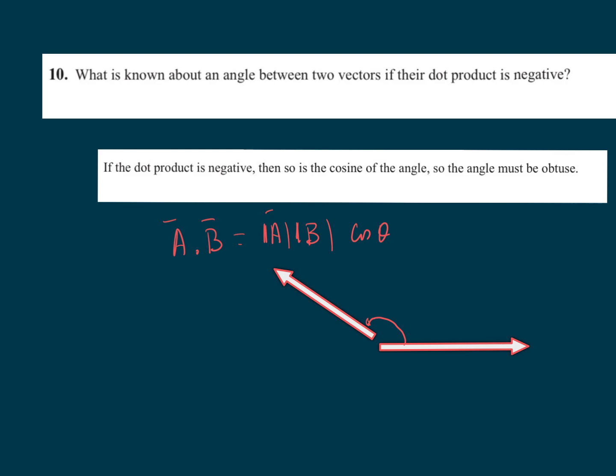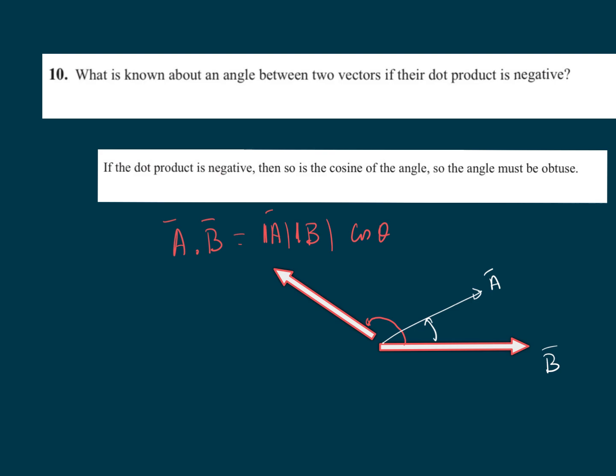It's positive when there is projection on the direction of the vector A. So if this is V and this one is A, the dot product will be positive because the angle is less than 90 degrees, and the cosine of an angle less than 90 degrees is positive.